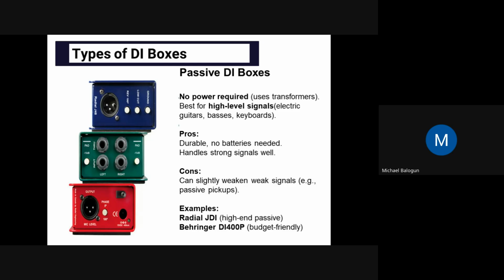Like an active speaker has its own inbuilt amplifier. Once you buy the speaker, you don't need anything else. You just send your signal to it and you are good to go. But with passive, when you are buying your speaker, you buy an amplifier that will power it.